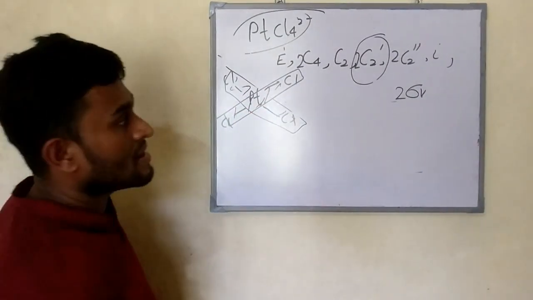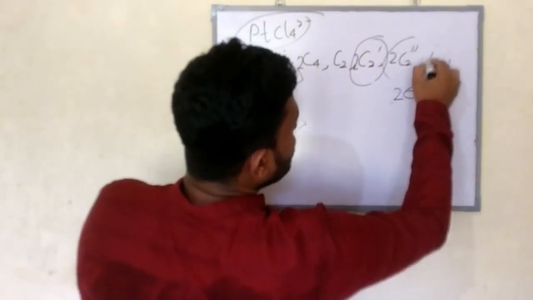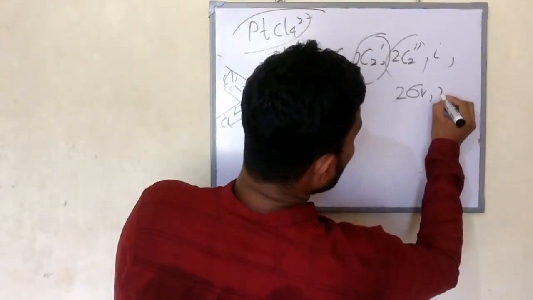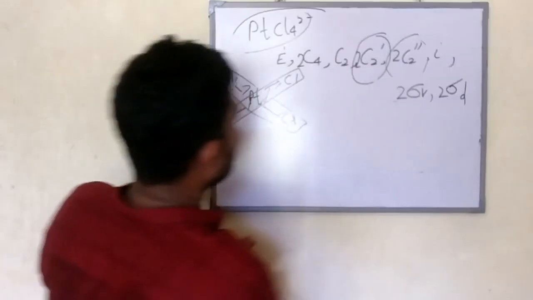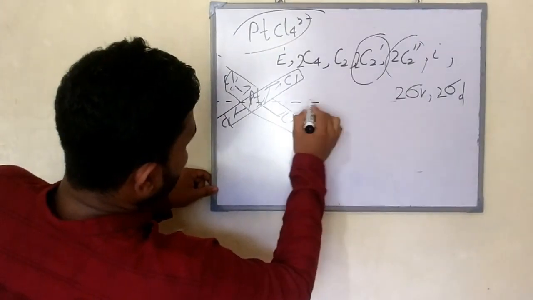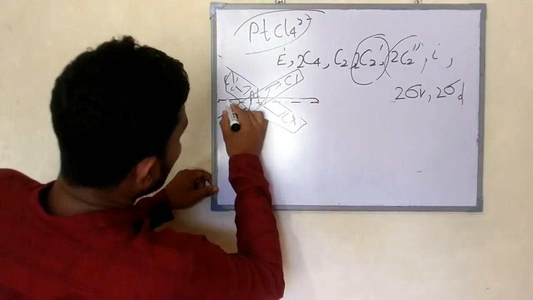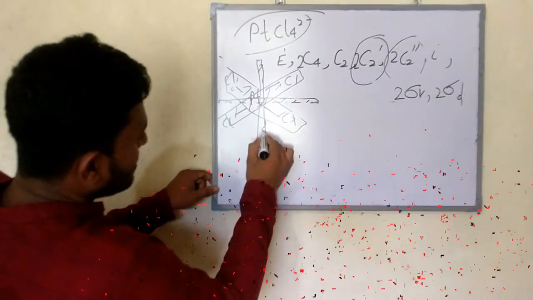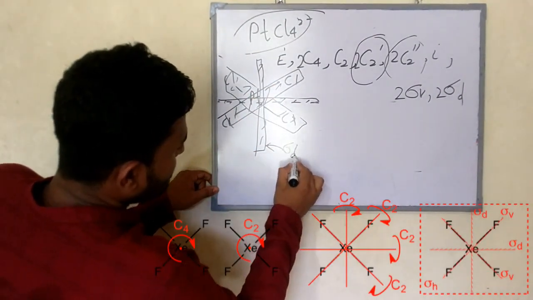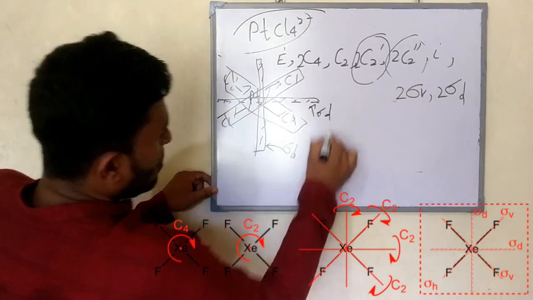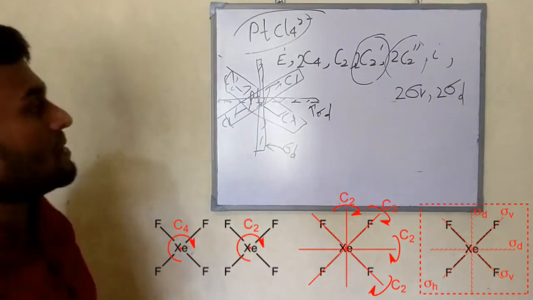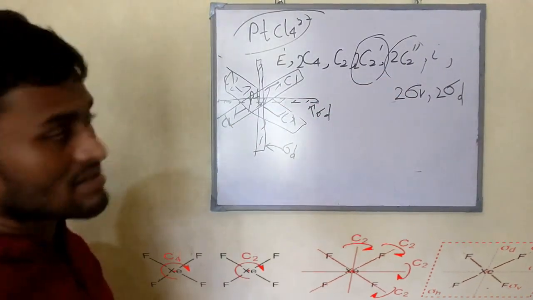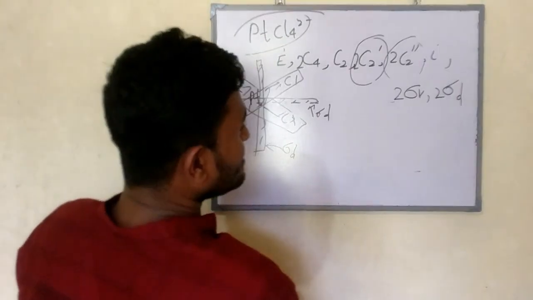If you have 2C2 double dash, definitely you have 2 sigma D. This is that sigma D or the dihedral planes. Always these dihedral planes are oriented with the C2 double dash axis. You want to memorize that actually.